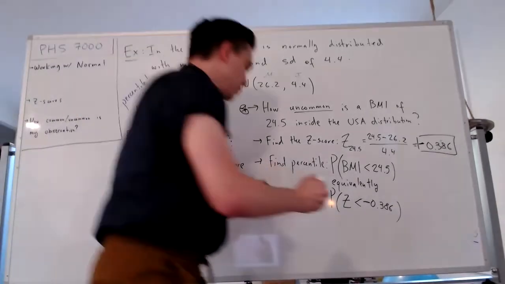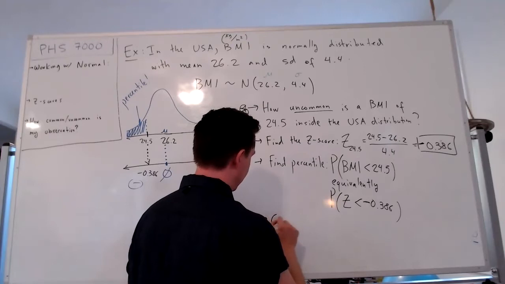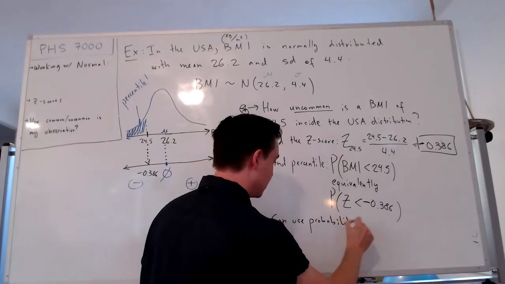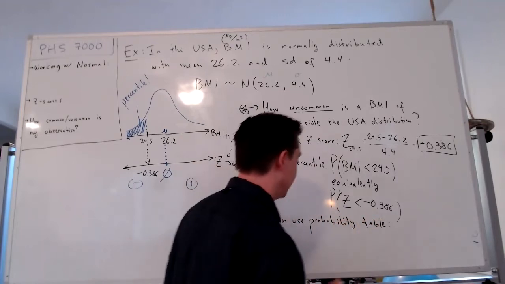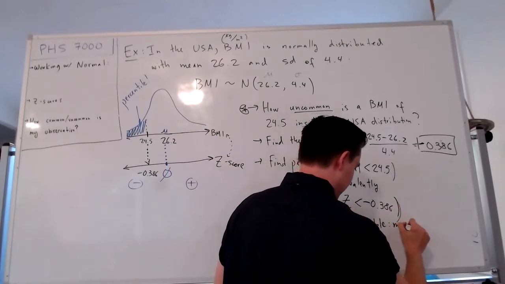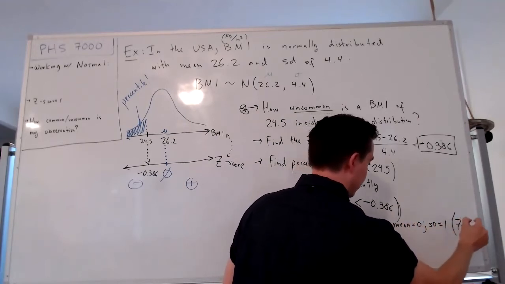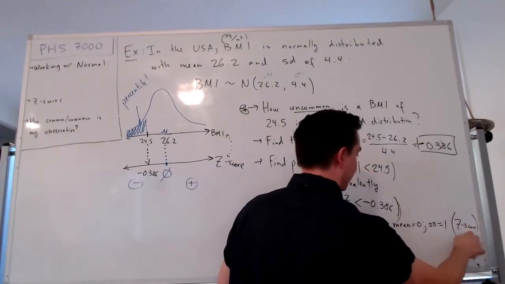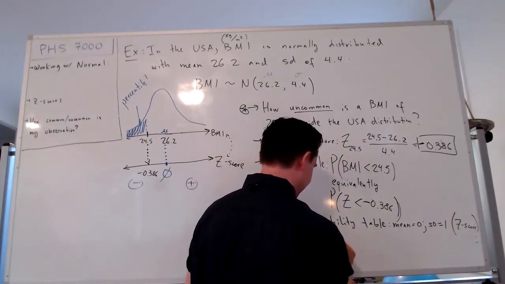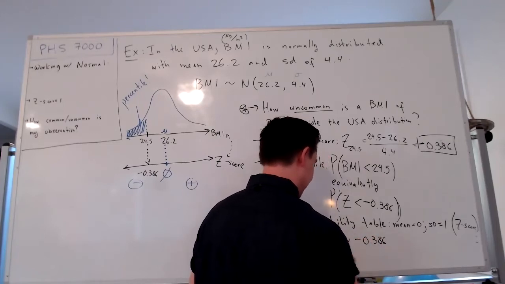So now we can use the probability table. Right, we've got to make sure if we're working with a Z-score, mean equals 0, standard deviation equals 1. And then you're going to select below a negative 0.386.